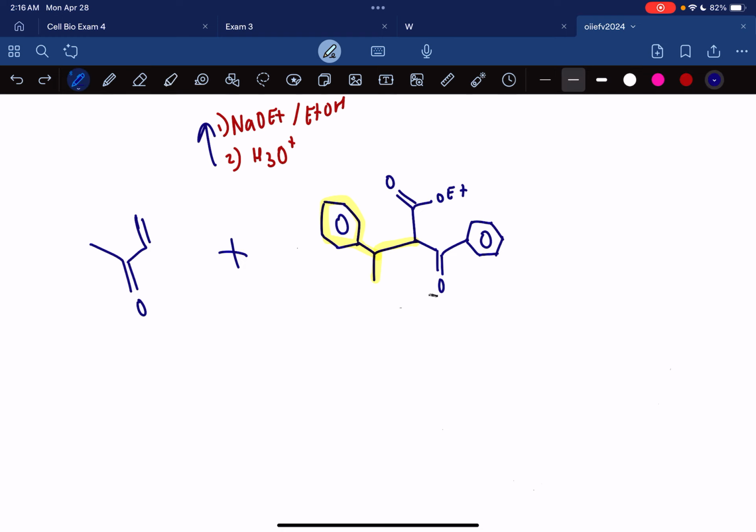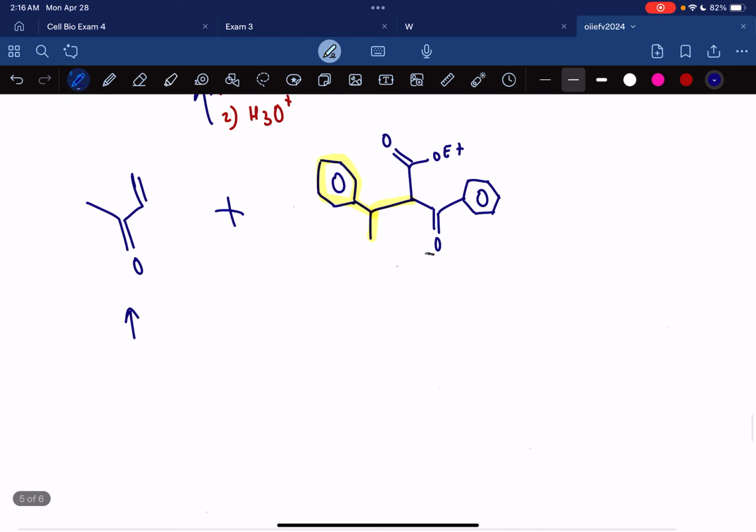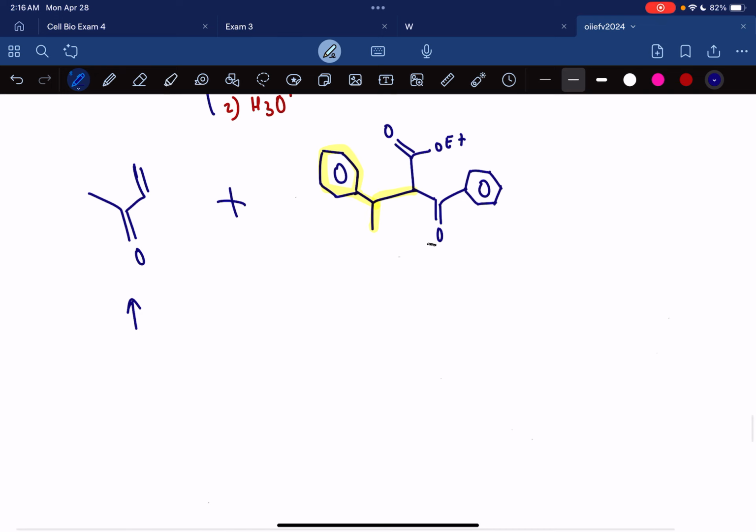So if we work backwards here, and we need to make an alkene, you should know a reaction that puts a bromine on the alpha carbon. And we'll work back to that.